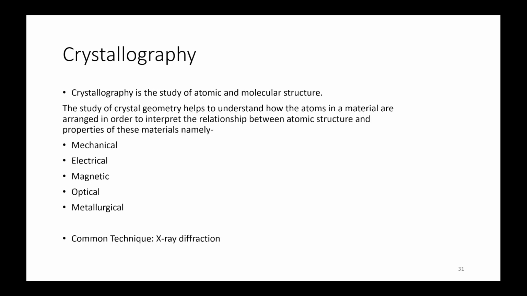For example, how the arrangement of atoms will affect mechanical properties, electrical properties, magnetic properties, optical properties and metallurgical properties. Now the common technique to know what type of crystal structure a material has is the X-ray diffraction technique.